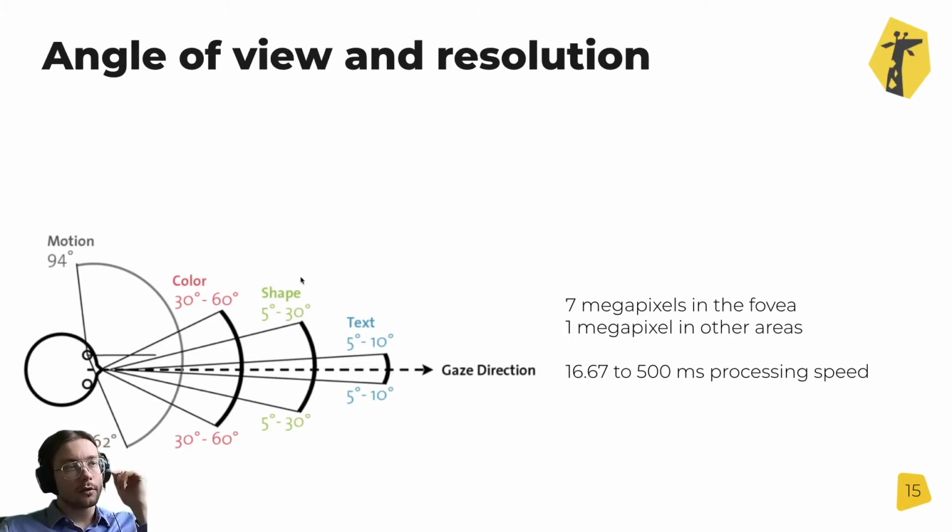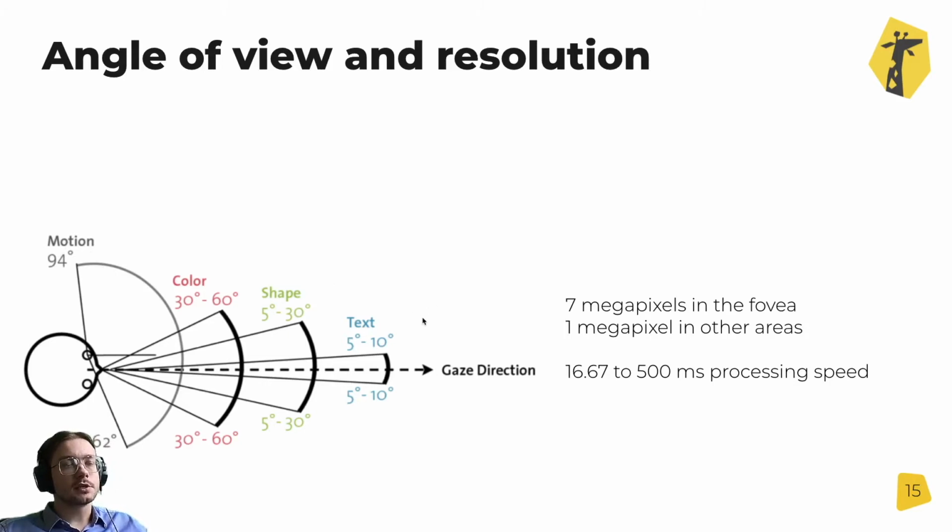So all the other angles we see less distinctly. For example, we could see shapes from 5 to 30 degrees, colors only from 30 to 60, and motion, which is the most important for living in the wild, we see up to 84 degrees.